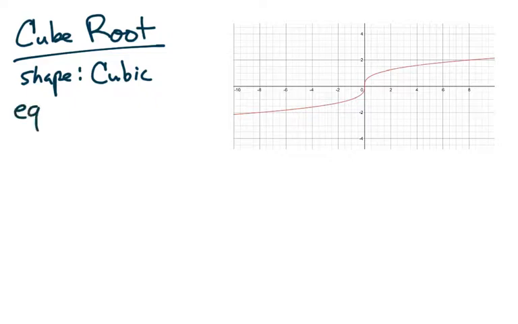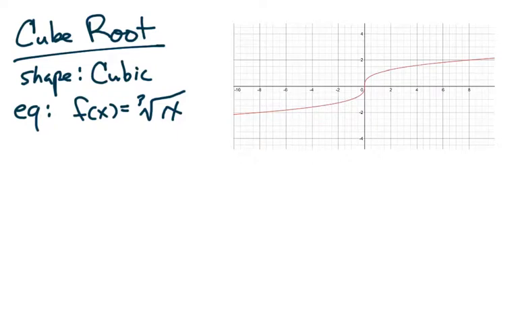Its equation is f of x is equal to the cube root of x. Okay, simple enough. It has the same symmetry. It's the same shape as our x cubed function. And again, its domain is going to be identical to the cubic. Actually, I won't even write it because this video is getting a little long. The domain and range for this cube root function is the same. It's all real numbers for both. Okay, you can put in any real number, and you can get any number out.